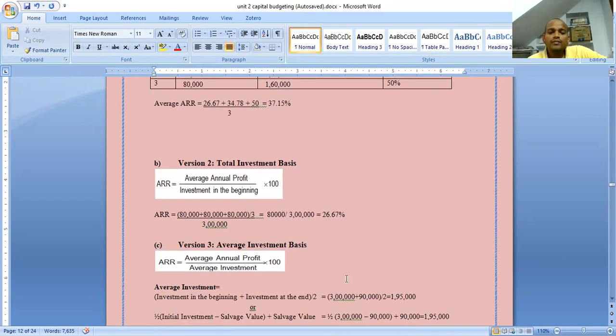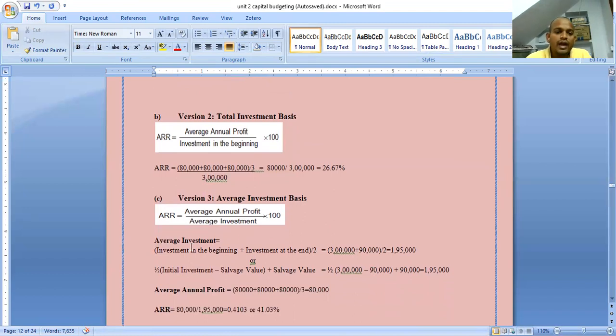So what if we consider average investment basis, average annual profits by average investments. So average investment calculation is different. We have to remember investment in the beginning plus investment at the end divided by 2. So that is the average investment formula.